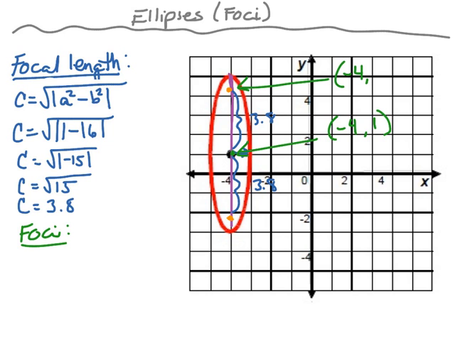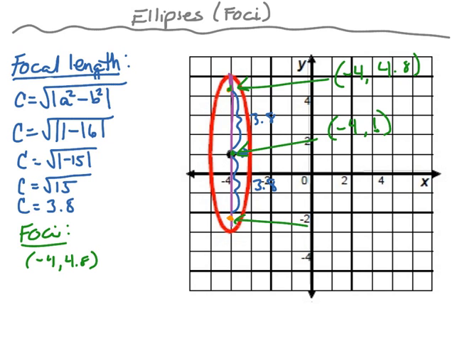So I'm going to take this 1 and add to that 3.8. That's our focal length. So if you add 1 plus 3.8, obviously you get a 4.8. So this point here is located at negative 4, 4.8. That's one of our foci.